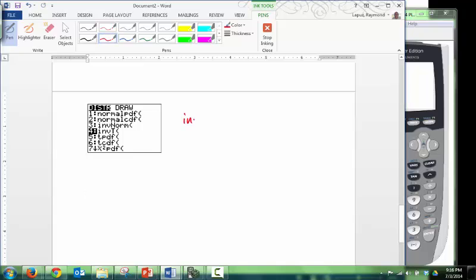Inverse T is going to ask for the area to the left. But you know how the inverse norm asks for the mean and standard deviation, here the second thing it's going to ask for is the degrees of freedom.